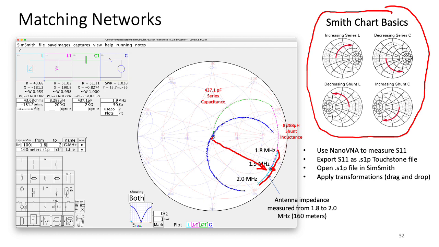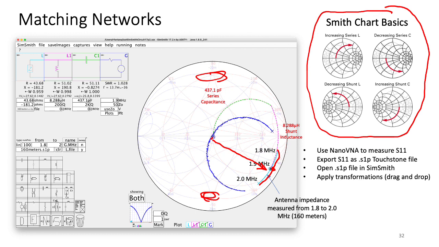As I move to the upper part of the Smith chart graph, in this region here, I'm inductively reactive. In this region, I'm capacitively reactive. And if I fall along any specific curve, I have a fixed resistive value. So as I move along this curve, what I'm doing is not changing the resistive component, but changing the inductive component.